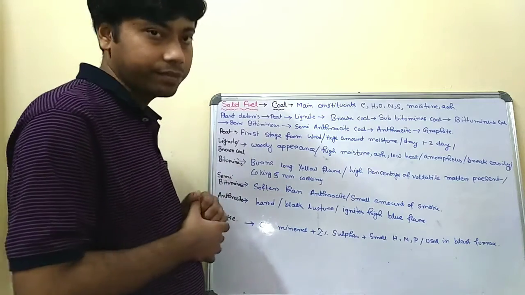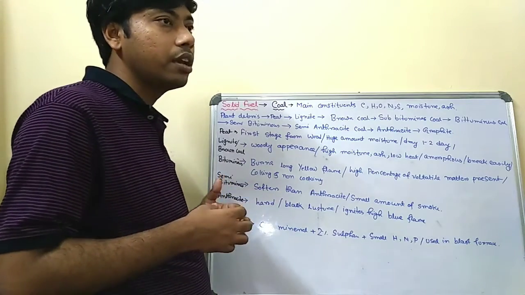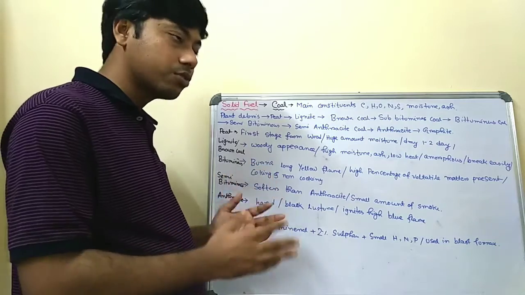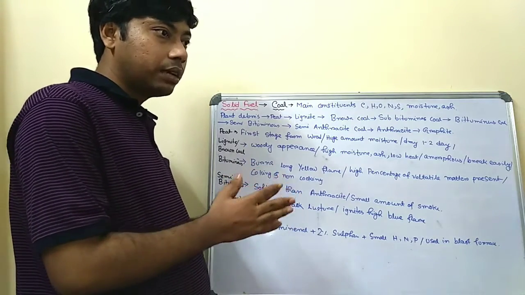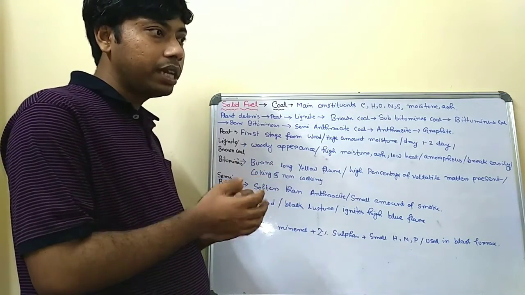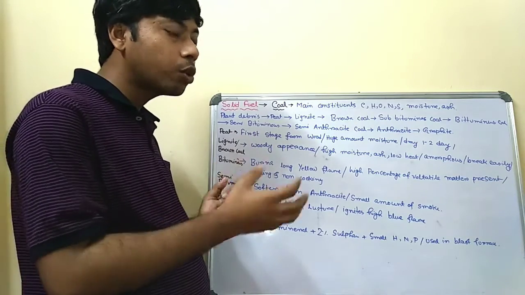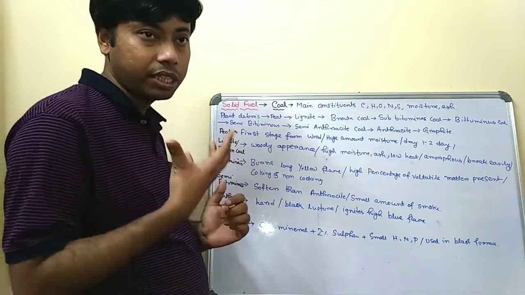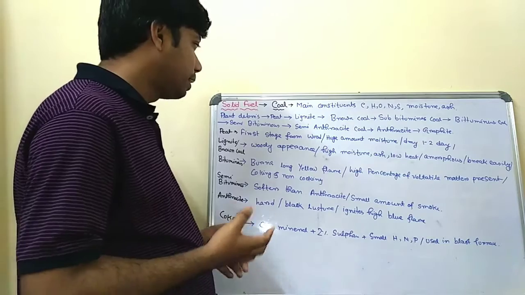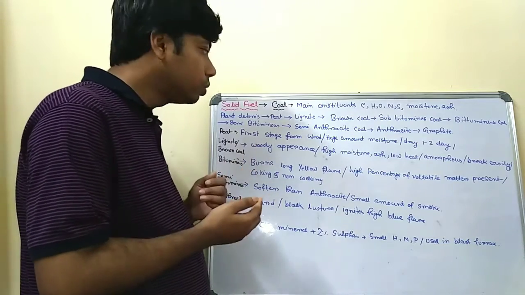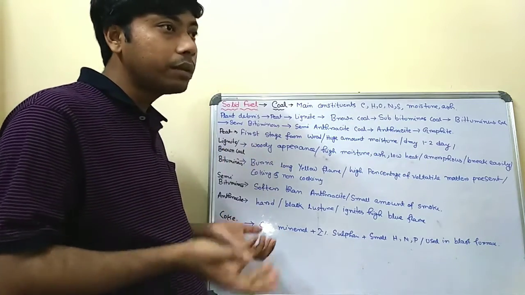First of all, peat. Peat is also one type of coal, but its non-volatile matter is very high. It's a first stage from wood, and it has a huge amount of moisture.